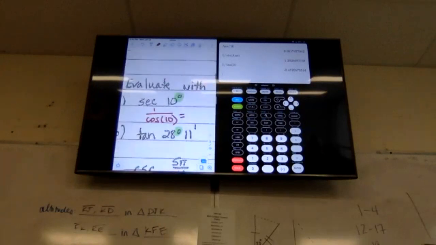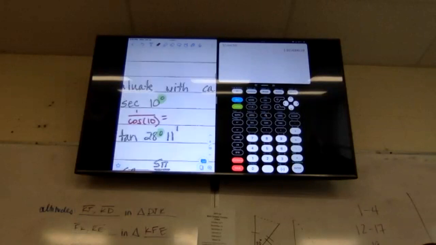So there's no secant button, but if I do second cosine, or not, sorry, not second, 1 divided by cosine, I did exactly what I don't want you to do. Don't do second. That's inverse, and we haven't done inverse functions yet. Cosine 10, and that gives me 1.0154. Round 4 places after the decimal when we do trig functions.